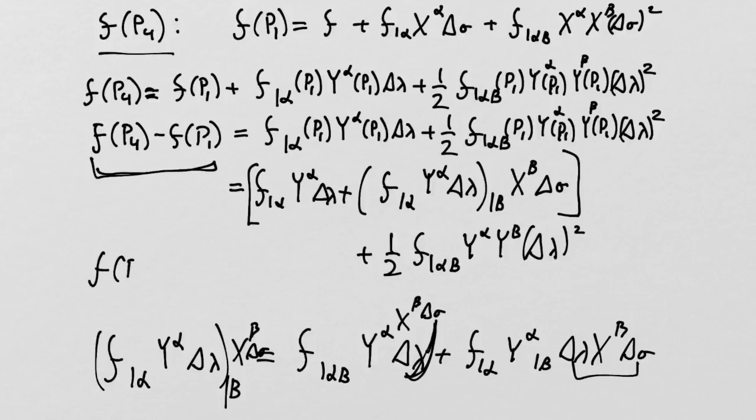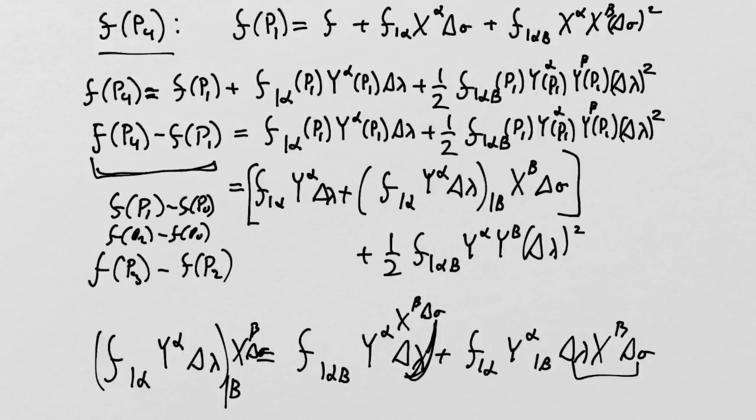Likewise, you construct fp3 minus fp2. And then you construct very quickly fp1 minus fp0 and fp2 minus fp0. Those are easy to construct because fp1 minus fp0 is just this minus that, which is all of this.